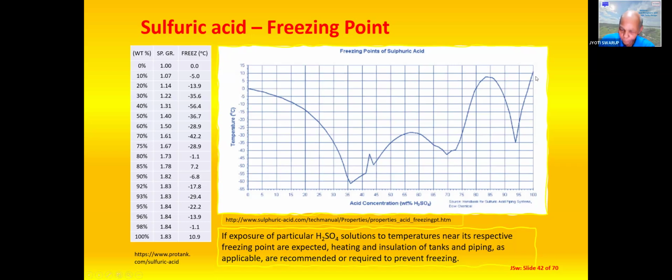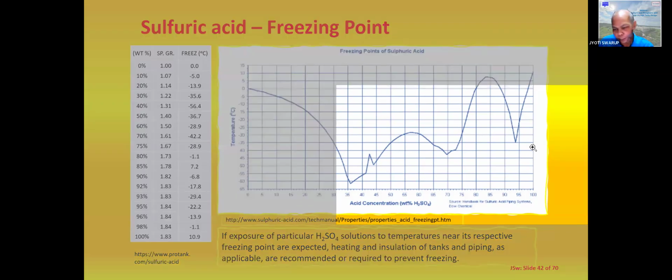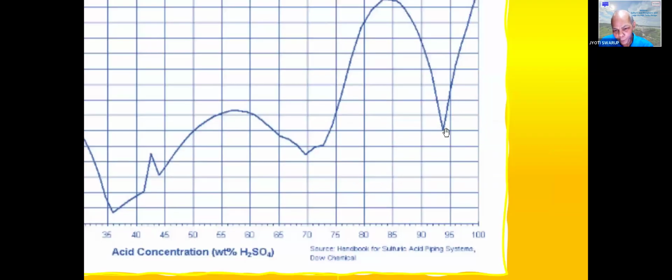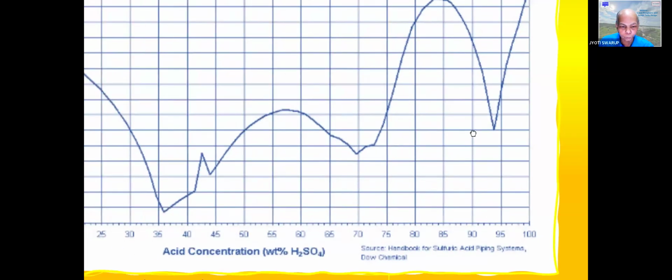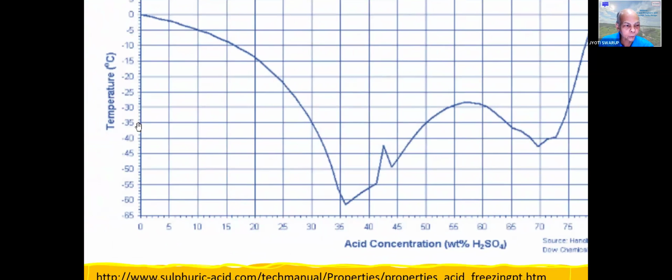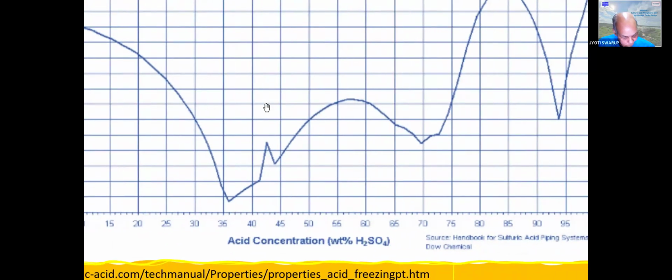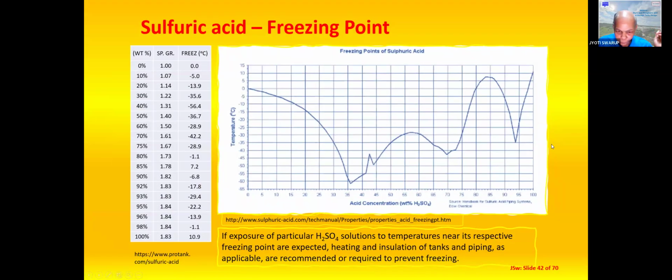Accordingly, we prefer to use something like 93% concentration, because that has a freezing point of around minus 35 degrees C, which means there is no chance of freezing in the tank. So this freezing point is a very interesting curve.